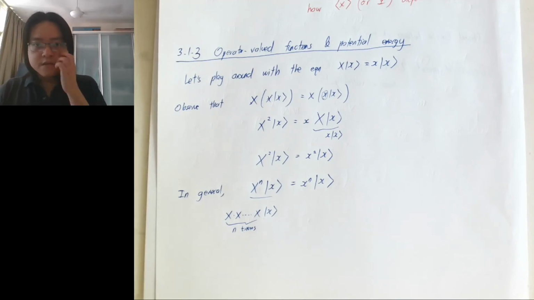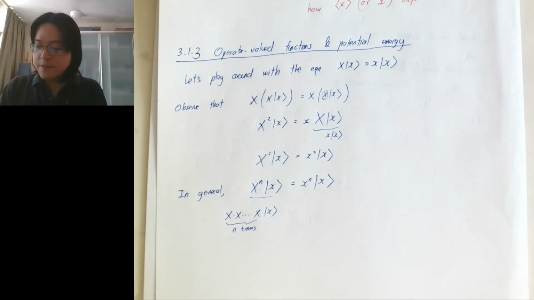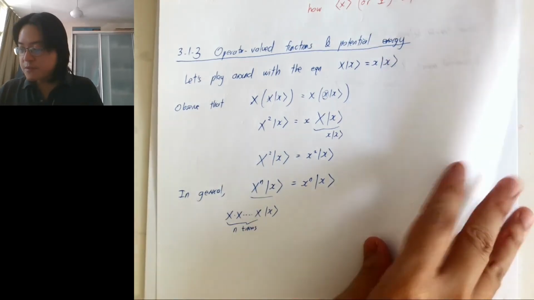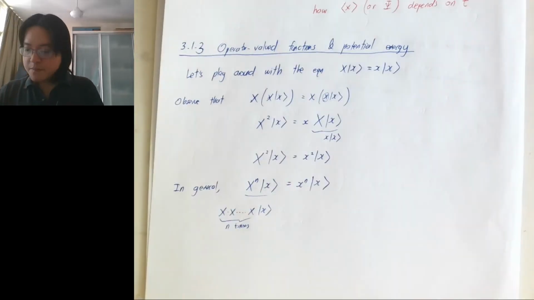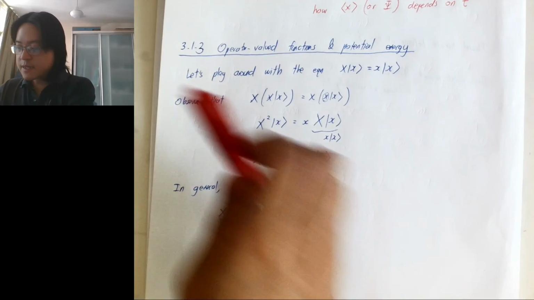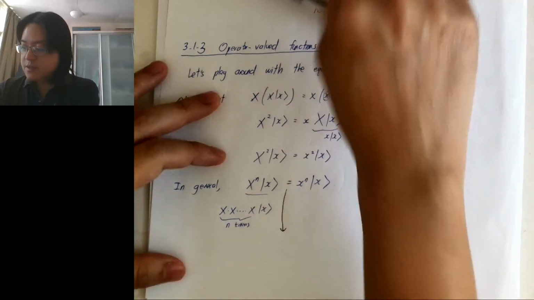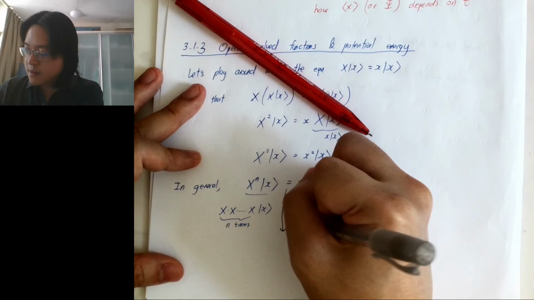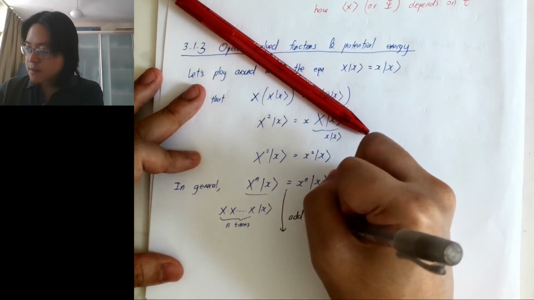Then let's see what happens if I take linear combinations. Let's add another term to both sides.